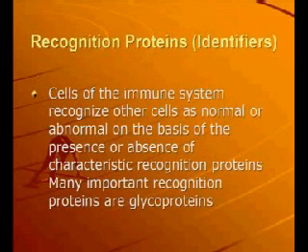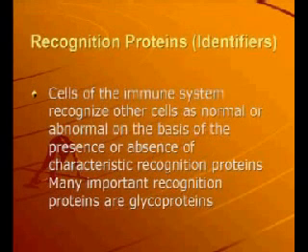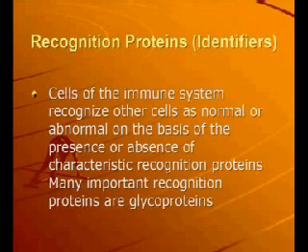There are also recognition proteins or identifiers. Cells of our immune system recognize other cells as normal or abnormal due to the presence or the absence of characteristic recognition proteins.